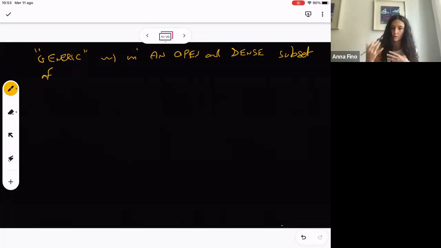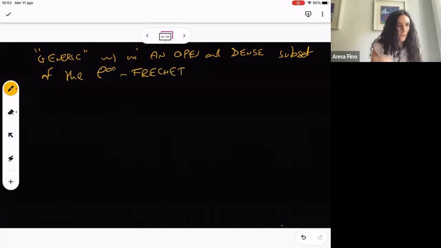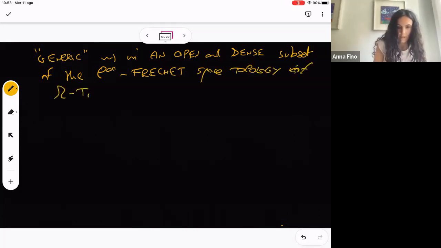So that's what you mean by open and dense with respect to this topology.